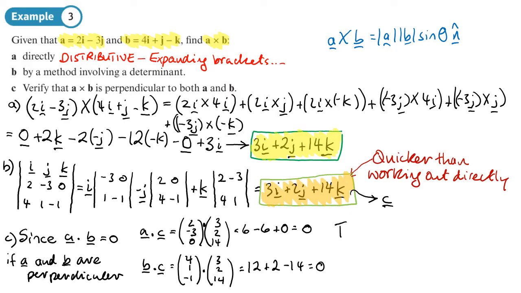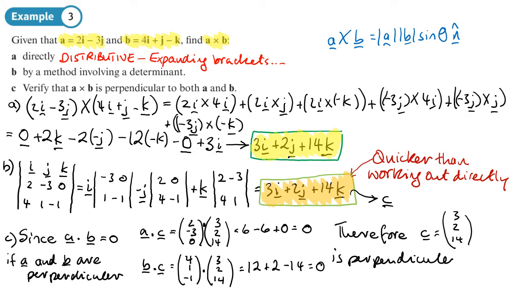Okay, so therefore the vector we've called C, which is 3, 2, 14, is perpendicular to A and B. That's very handy. So now we've got a way of finding a vector that's perpendicular to any two other vectors. Very handy, very useful.